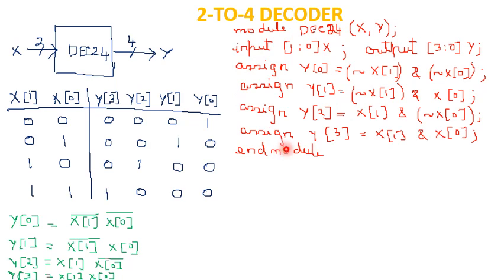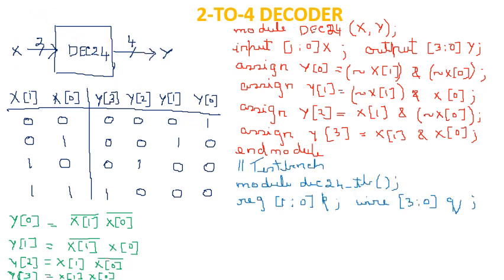Next we will write the stimulus block or the test bench program for the same. The test bench program looks like this. I have the module decoder 2 to 4 underscore TB as the module name of the test bench, and the input is a 2-bit signal, so that should be declared as reg.